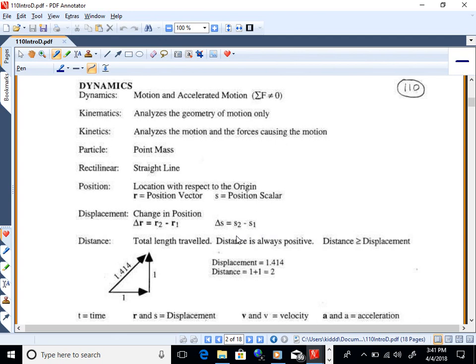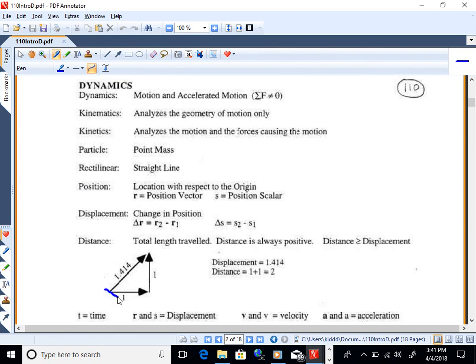Now, distance is the total length traveled. It's different than displacement. So let's say we're driving somewhere.